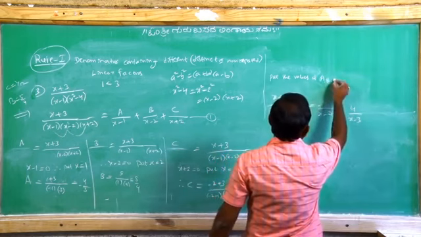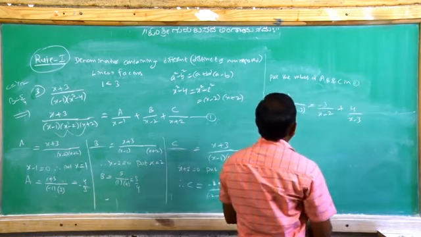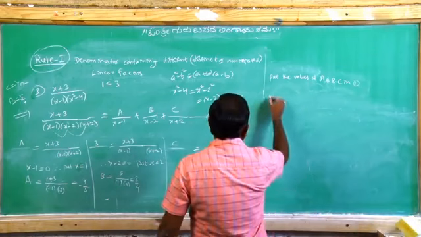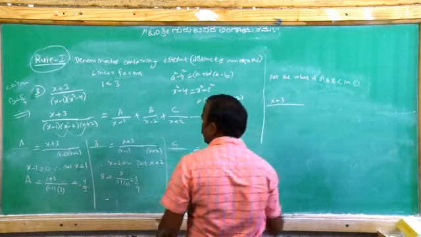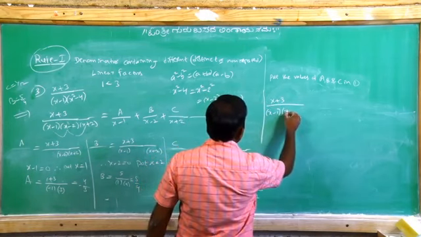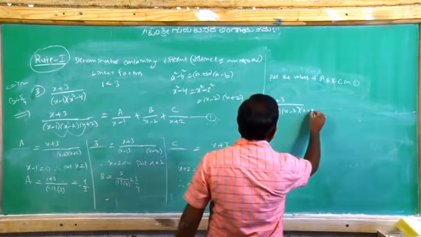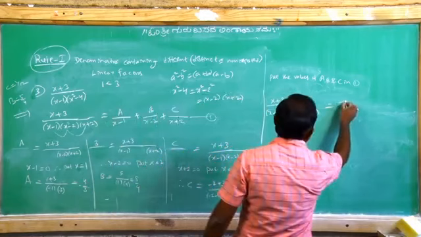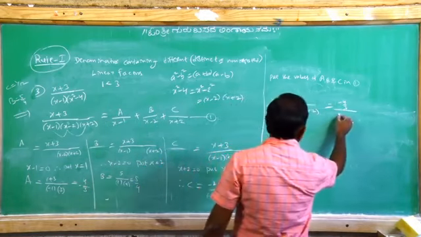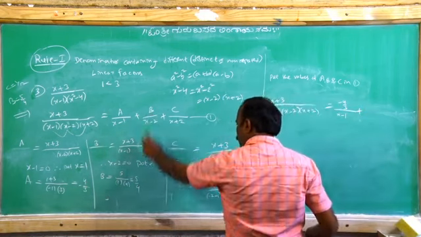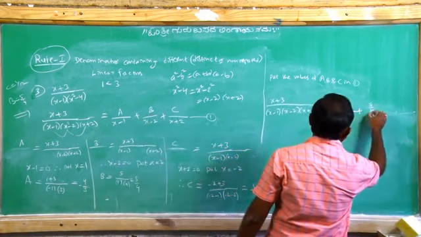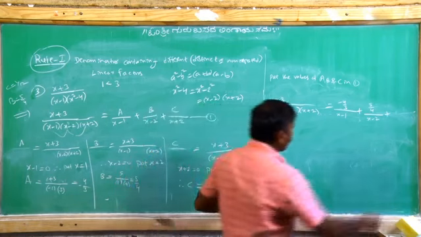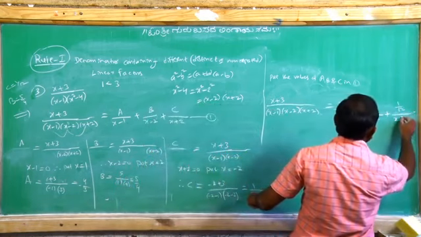Equation 1 becomes: LHS x plus 3 divided by (x minus 1)(x minus 2)(x plus 2) is equal to, first, A value minus 4 by 3, minus 4 by 3 divided by x minus 1, plus, next, B value 5 by 4, 5 by 4 divided by x minus 2, plus, last one, C value 1 by 12, 1 by 12 by x plus 2.